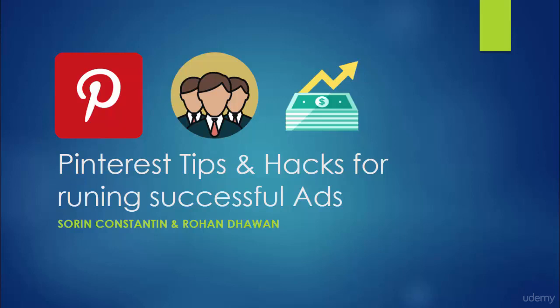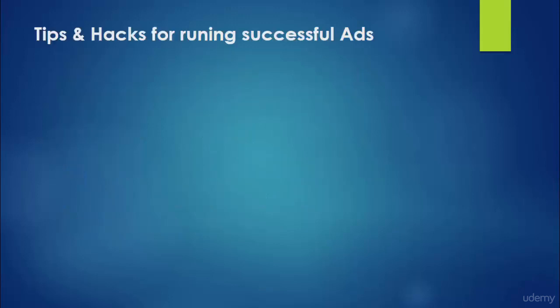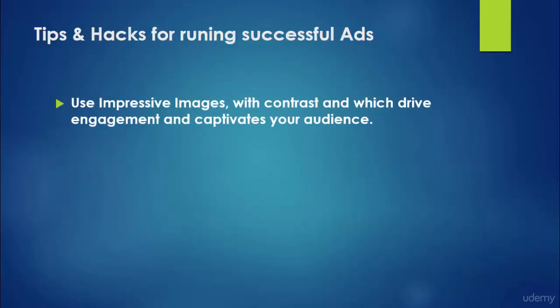In this one, I wanted to talk to you about a Pinterest tip or hack, and practically in all this series we will talk about some Pinterest tips and hacks so you can maximize your success with running campaigns and running ads on Pinterest. So in this lecture we will talk about how to use impressive images. Why is that? Because images are very important for engagement and driving traffic from Pinterest.